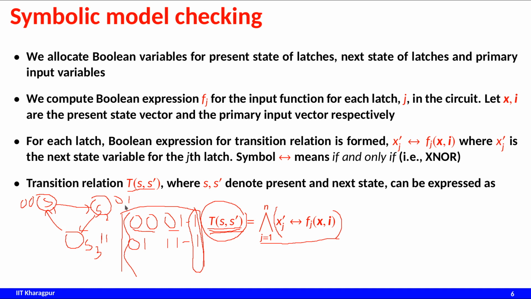So effectively we are translating this transition relation into a Boolean expression. Given this graph, I can translate it into a Boolean expression in this manner, or I can extract the Boolean formula for the transition relation by using this method from the actual circuit.